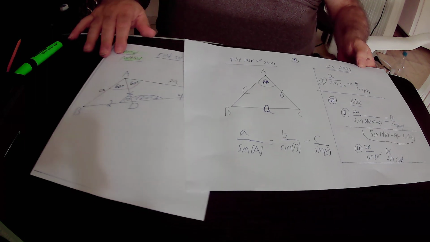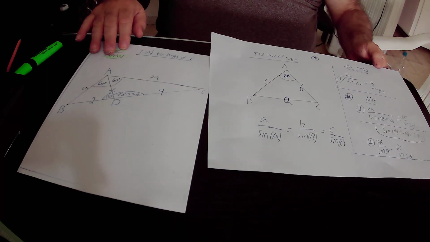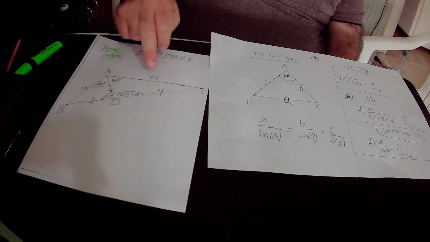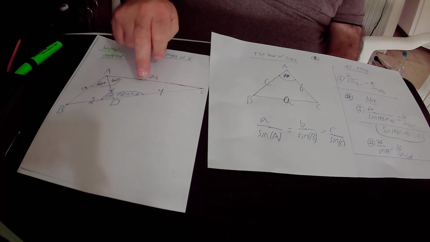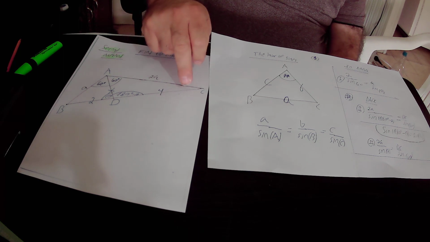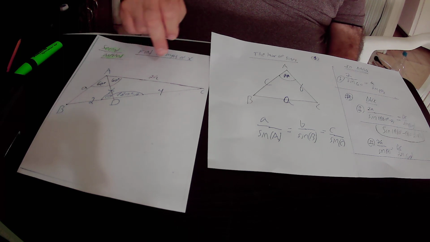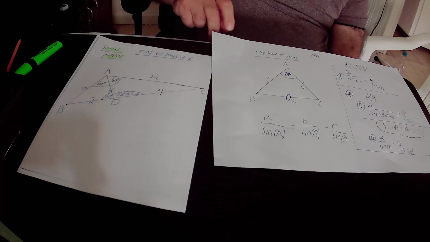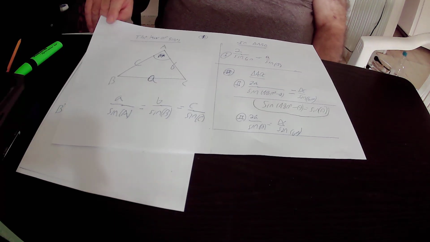Then we implemented the law of sines in this triangle ABC. According to the law of sines, we get that 2a over sine of 180 degrees minus theta equals DC over sine 60 degrees.